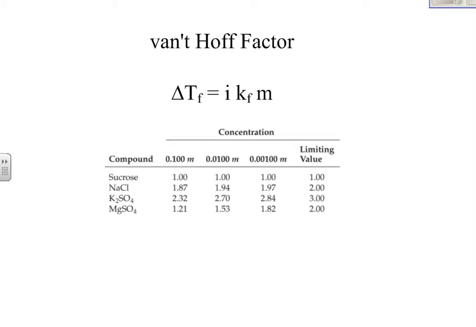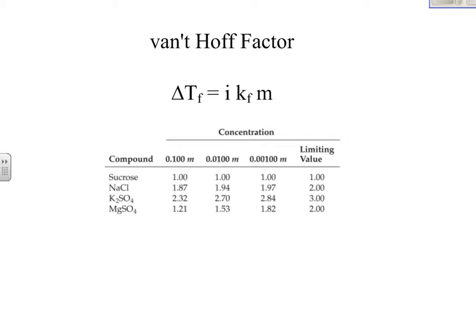So what we do is we don't abandon the equation, similar to where we didn't abandon the ideal gas law. We just added variables that would take into account those factors. So that's where we get the Van't Hoff factor. So this change in the temperature of the freezing point, instead of being equal to just a constant times the molality, there's the Van't Hoff factor times the constant times the molality.